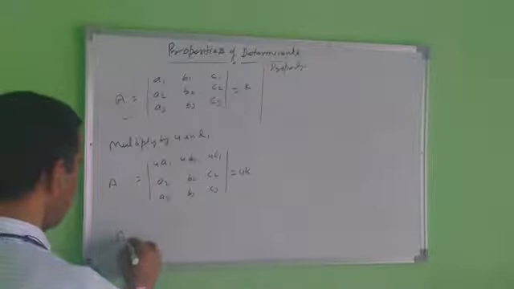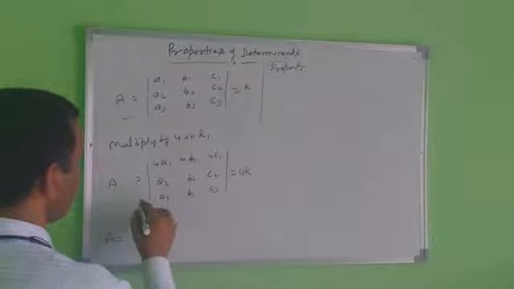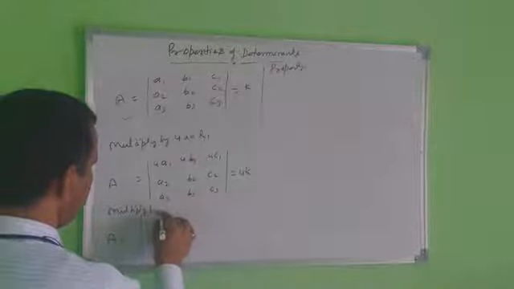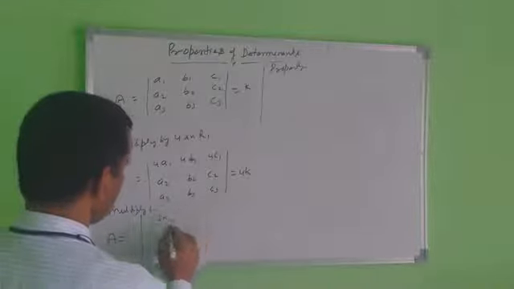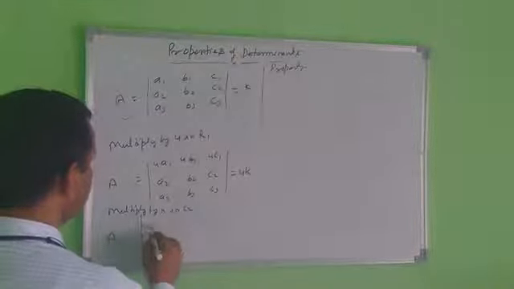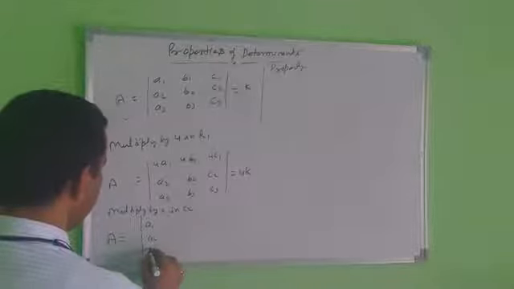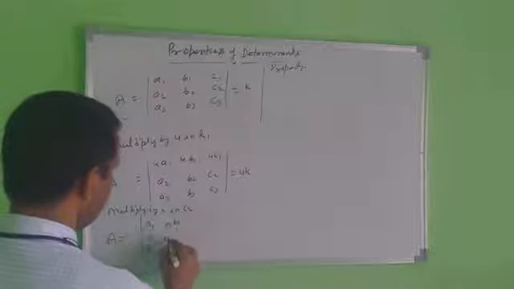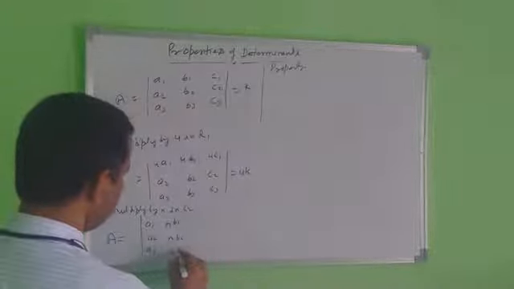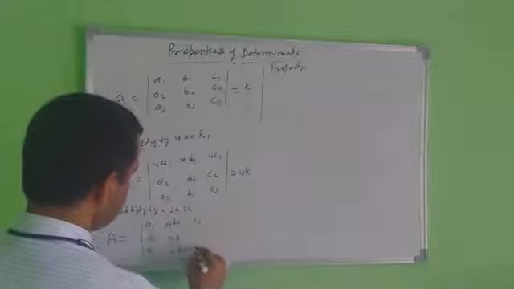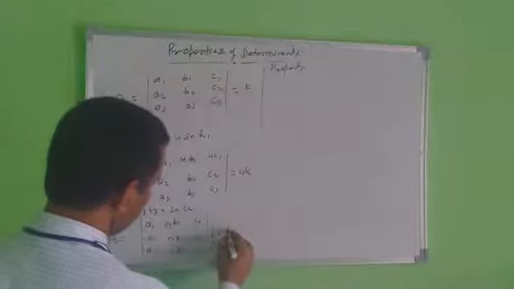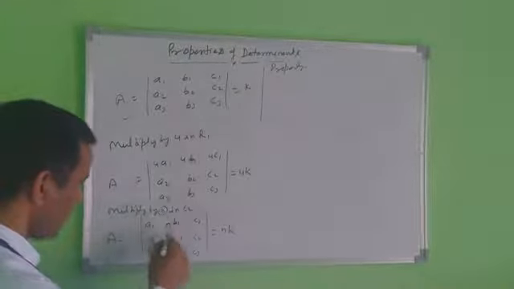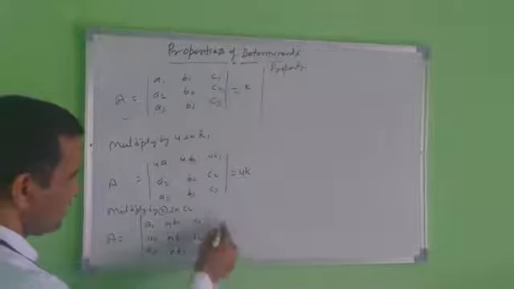Suppose you multiply any column, say C2, by n. The determinant with columns A1, A2, A3, then B1, B2, B3, then C1, C2, C3 with C2 multiplied by n gives the result nk. So if you multiply any column by n, the result is nk.